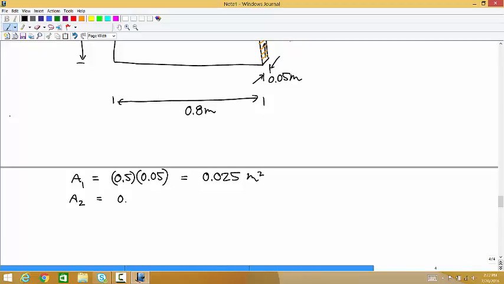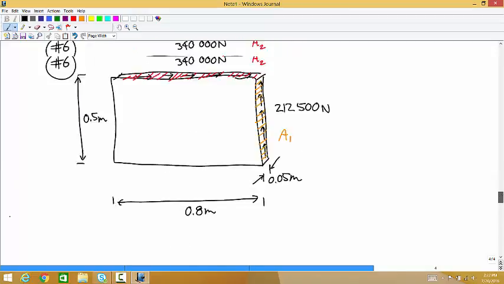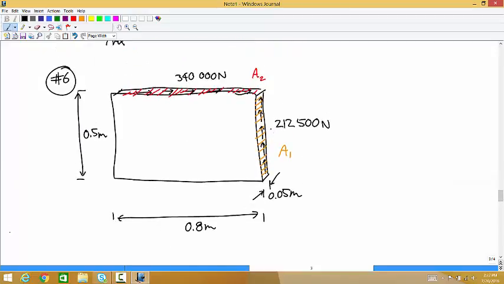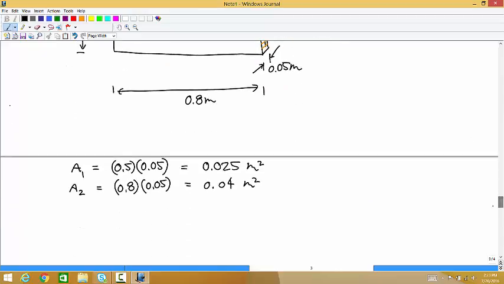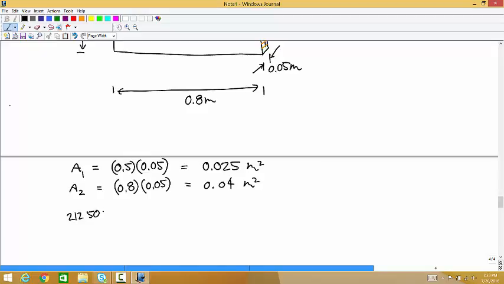Area 2 is 0.8 times 0.05, so that's 0.04 meters squared. And then if you take 212,500 divided by the area that it's acting on, that's equal to 340,000 divided by the area that it's acting on, and that's equal to the shear stress XY.